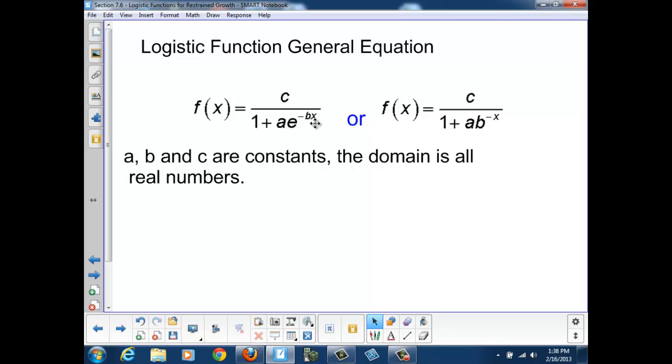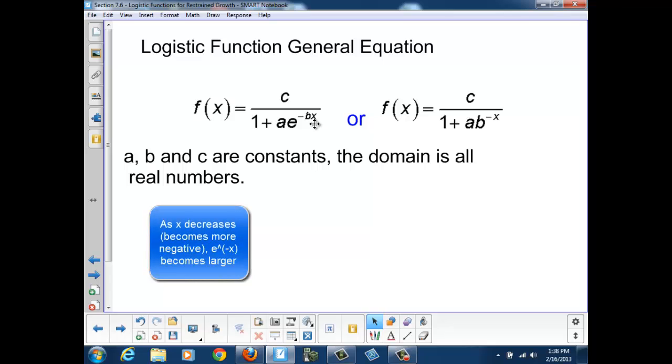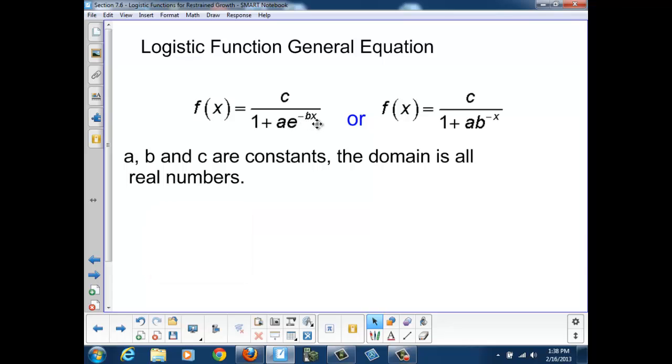Now if x were a negative number, then we'd be multiplying a negative times a negative here. And e to a very large positive number, when x is a large negative number, becomes a large number. So I'm adding 1 to a very large number. So c gets divided by a very large number, eventually becoming very, very close to 0.